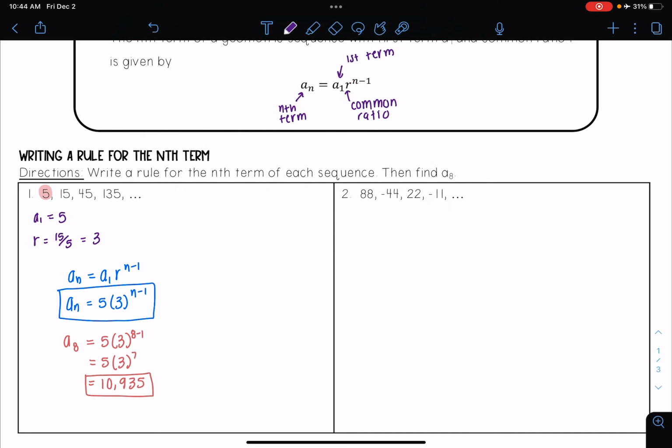Okay, let's look at another one. So here I have 88, negative 44, 22, negative 11. My first term I see is 88, so a1 is equal to 88. To find my ratio, I'm going to take my second term and divide it by my first. So I have negative 44 divided by 88, and I get negative 1/2.